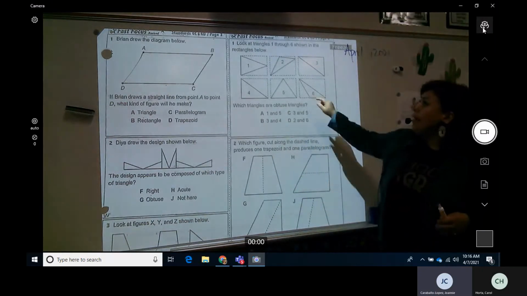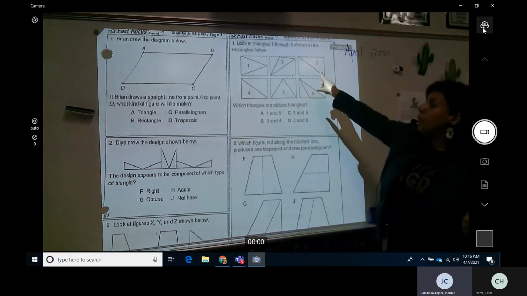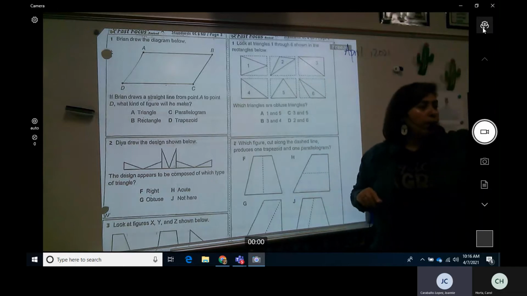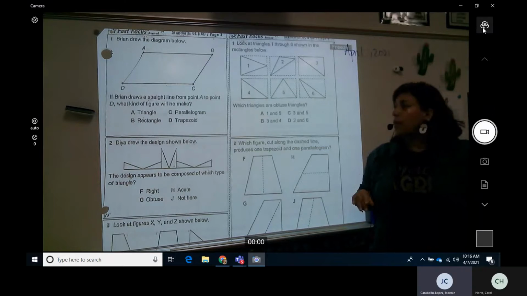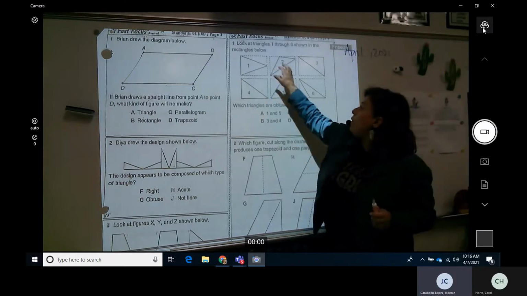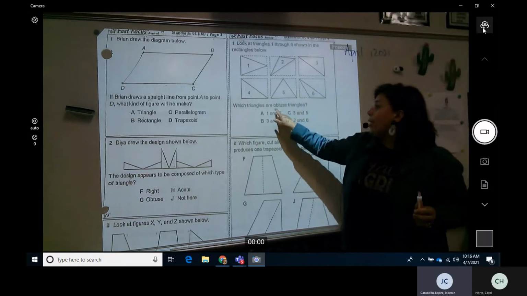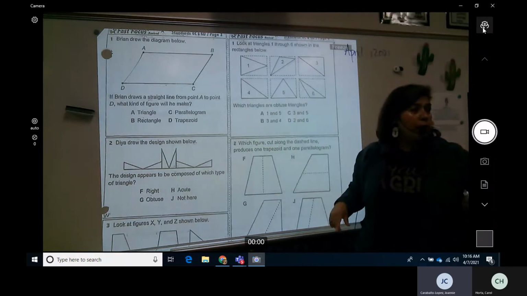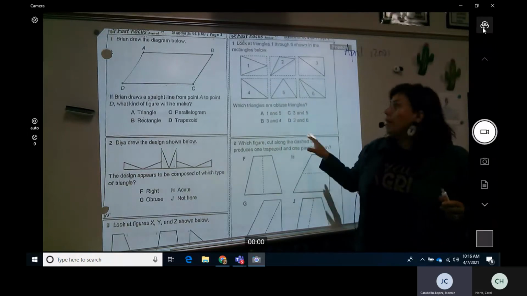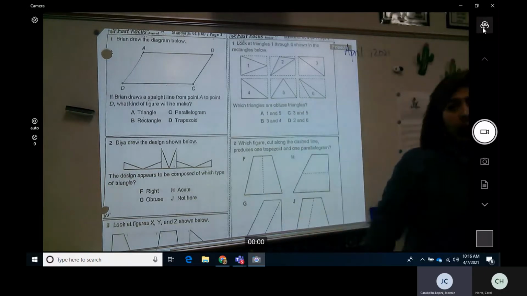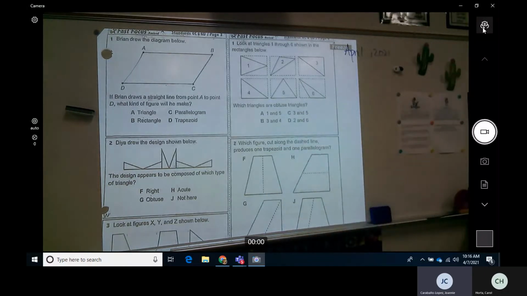All right, so number 1 right here says, look at the triangles 1 through 6 shown in the rectangles below. It says 1, 2, 3, 4, 5, 6, okay? Which triangles are obtuse triangles? So immediately by looking at this, which triangle can I eliminate?